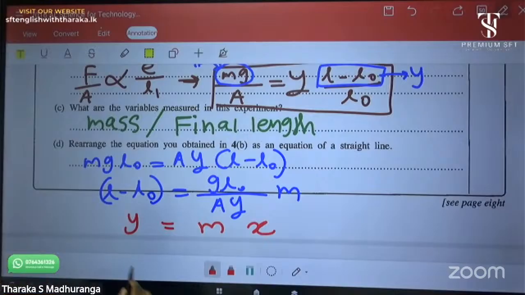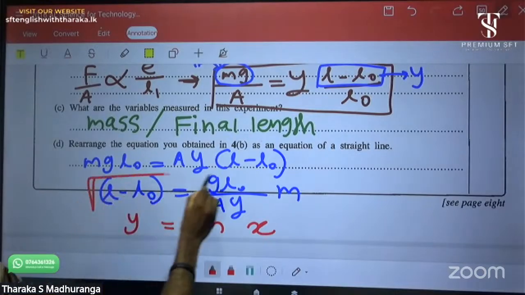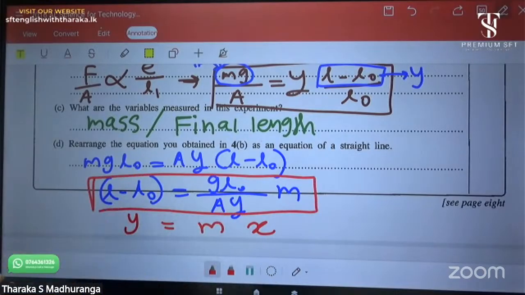The equation is in y equals mx form. Clear?